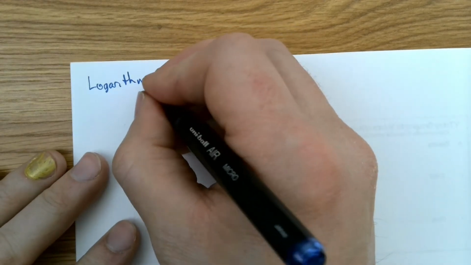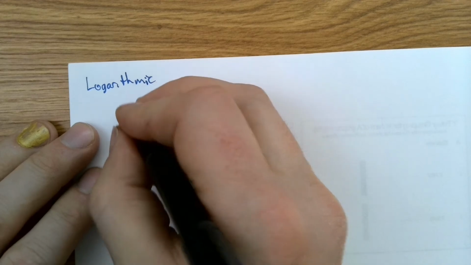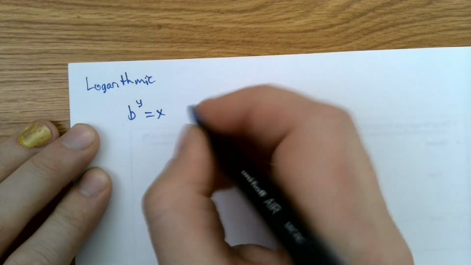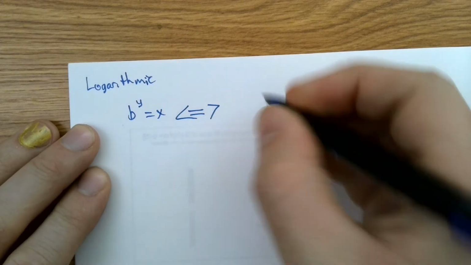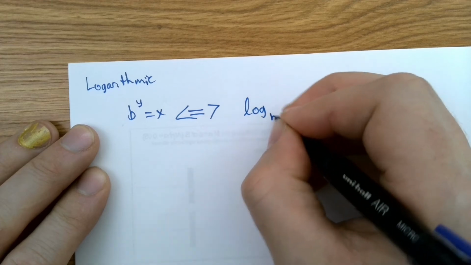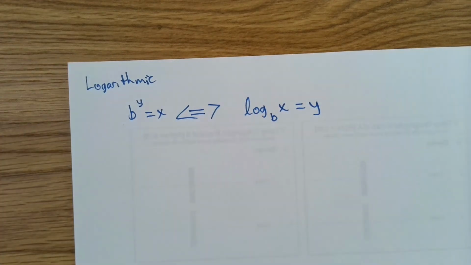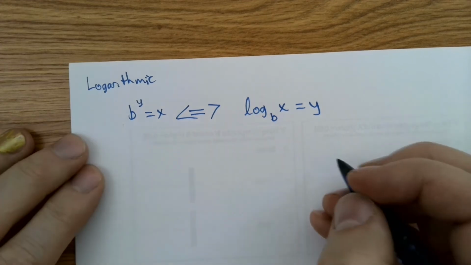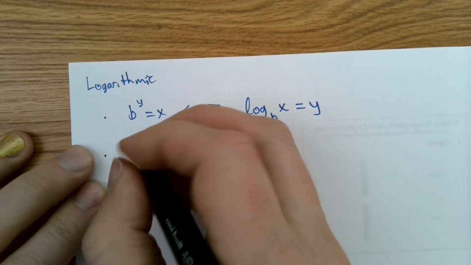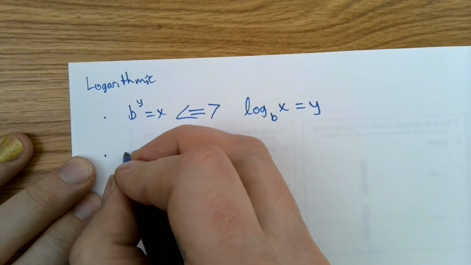And the big connection here is that if we had b to the y was equal to x, that meant log base b of x was equal to y. That was our big connection between the two. And you were to know that they are inverses.